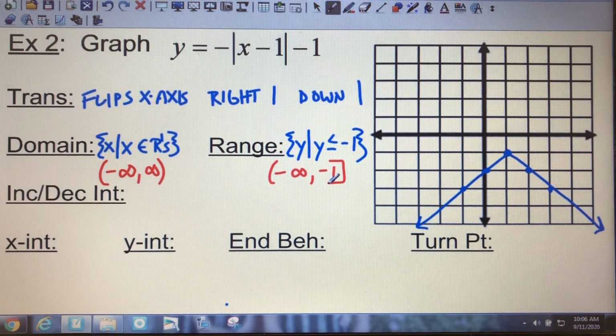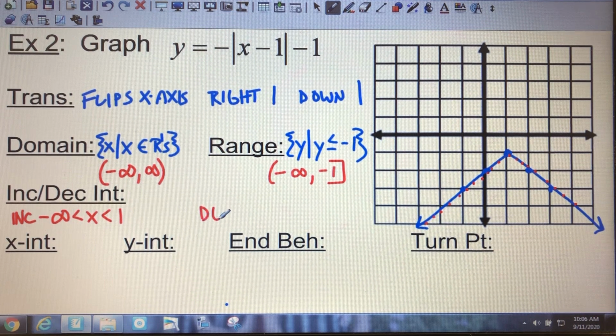So if we take a walk on this graph from left to right, we're going uphill. We hit that turning point, then we're going downhill. So we're increasing from -infinity to 1. Okay, we hit that turning point, then we're going downhill.